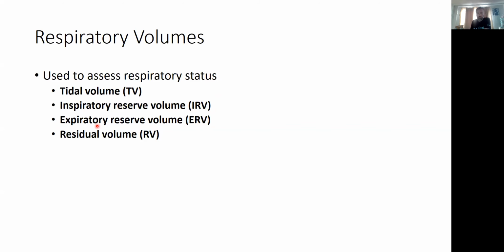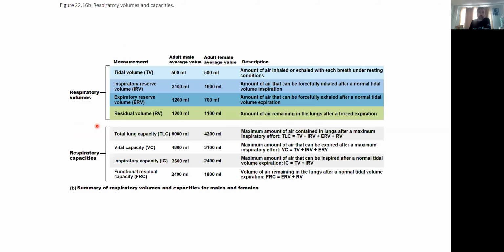What do all these things mean? Well, focusing just on the volumes here for a second, this top part, tidal volume, is the amount of air that you breathe in under a normal resting breath. The average person breathes in about half a liter of air, give or take, and they breathe it back out. But the tidal volume is simply how much comes in and back out, about half a liter.